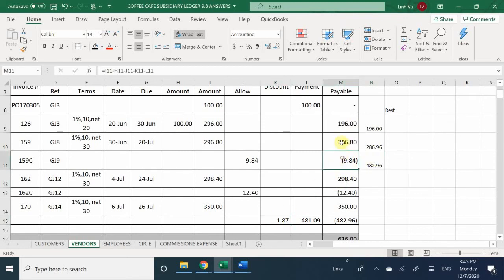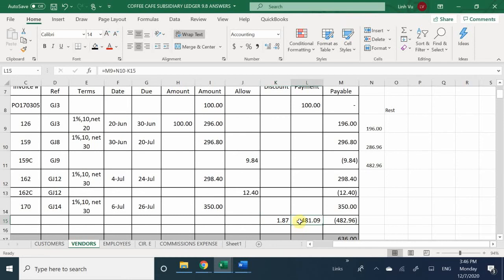This invoice is including the return that we had. So I took the $296.80 minus the $9.84, so your new bill should be $286.96. I added these two together to get $482.96, and I subtracted the discount because that's not what you're paying for. You're paying for less.